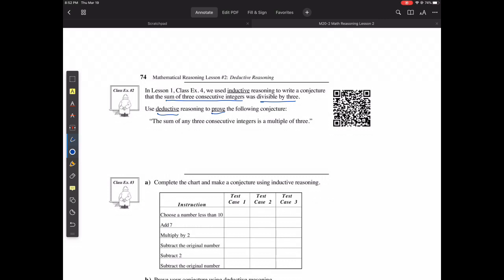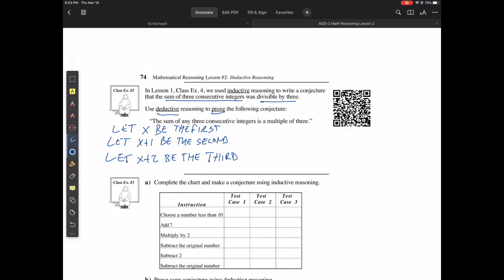If I said that the first number is x, the second number is x plus 1, and x plus 2 is the third, then that means that x plus x plus 1 plus x plus 2 is going to combine to be 3x plus 3.